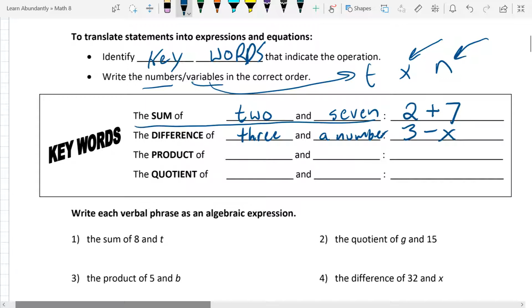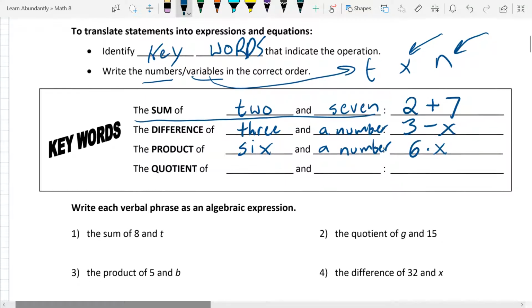The product of 6 and a number. If I say the product of 6 and a number, the product means multiply. So I'm going to multiply 6 times X. And we can write that as 6 times X with a little dot, because in algebra, remember, we use a dot for multiplication.